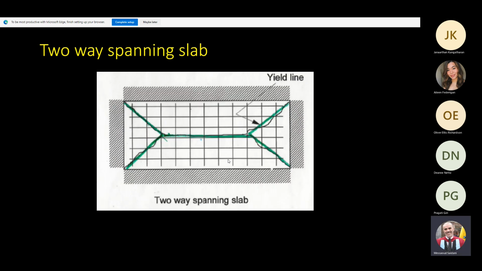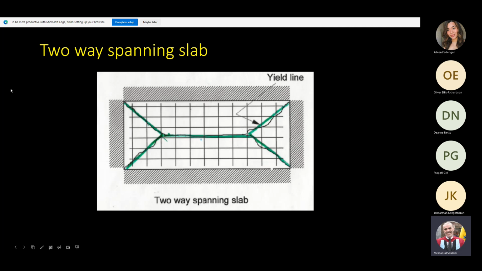Let's see. This is a two-way spanning slab. This is a rectangular slab, the same slab, simply supported on four edges, on all four sides. If you take this slab to the lab and you simply support it on four edges and you load it with a UDL at the top, this is the mechanism that you get, provided your slab is perfect, in other words, you have a homogeneous mix of the concrete and the reinforcement is the same and everything is perfect.